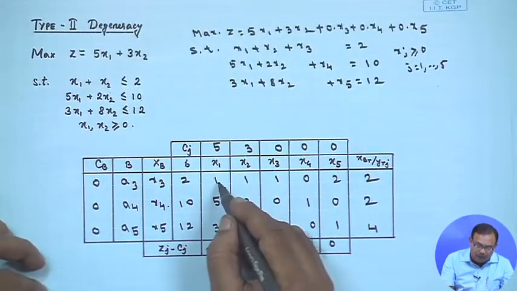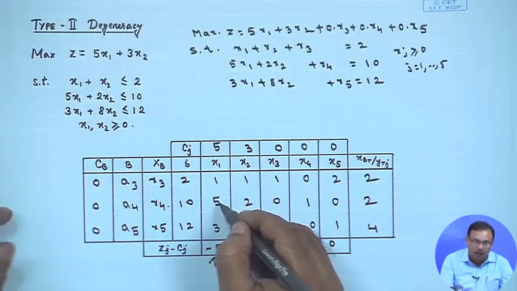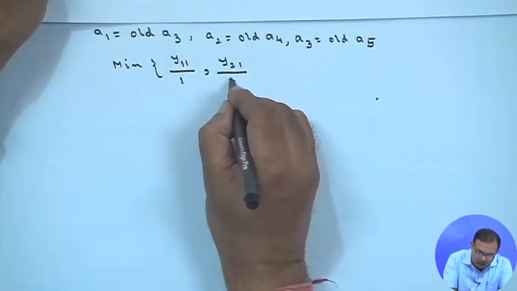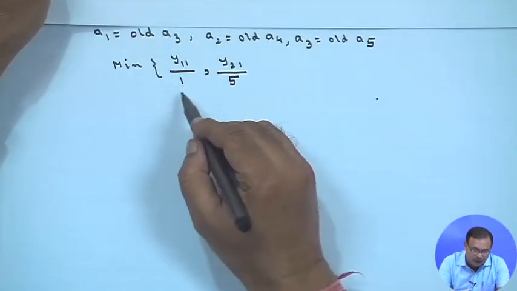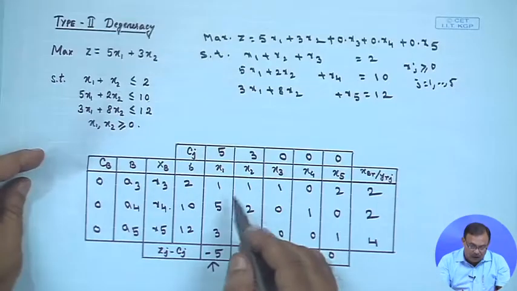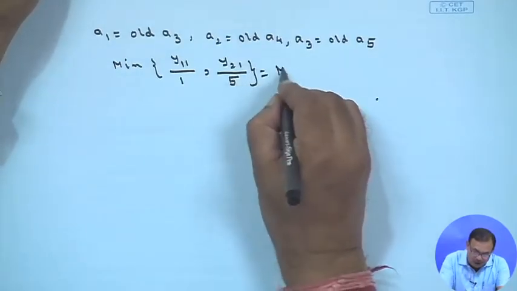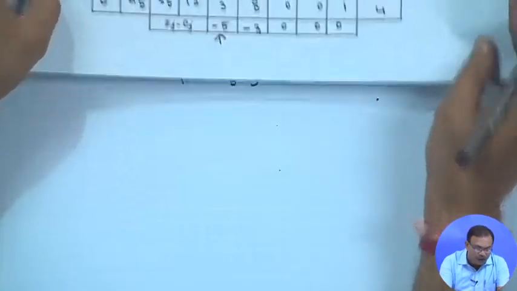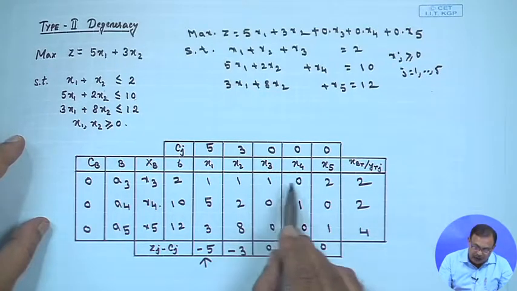That is, I have to take the element 1 for the first case, and for the second case I have to take the element 5. That means y11 by 1 and y21 by 5. Now, what is y11? y11 is your x3 entry, that is 1, and y21 is 0.